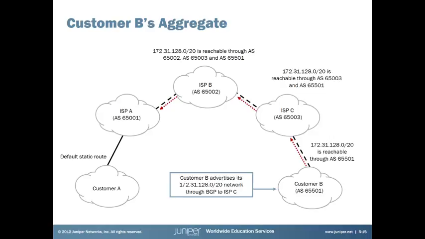Ultimately a BGP router will be presented with many paths to a network, and it then must choose the best. One of the mechanisms that it uses is how many autonomous systems that traffic needs to go through to get to a particular destination. It's one of the selection criteria.